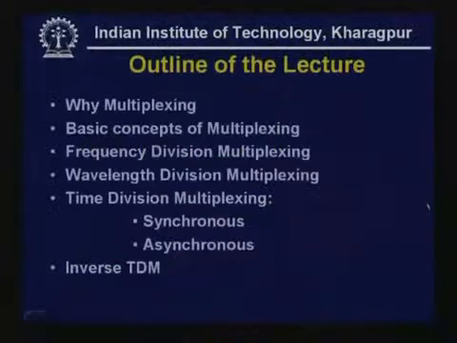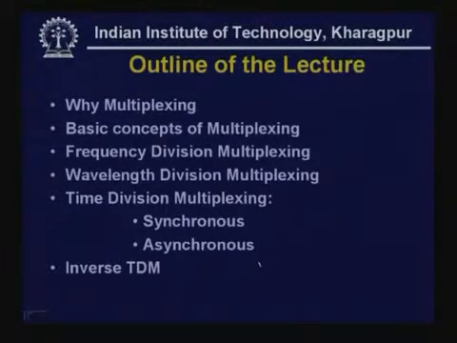In this lecture, we shall discuss various issues of multiplexing. First, we shall discuss why multiplexing, why do you really need multiplexing. Then I shall introduce to you the basic concepts of multiplexing, and as we shall see, multiplexing can be divided into two different types: frequency division multiplexing and time division multiplexing.